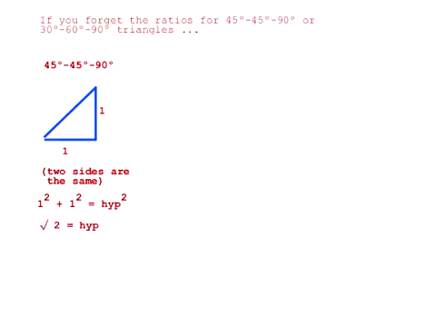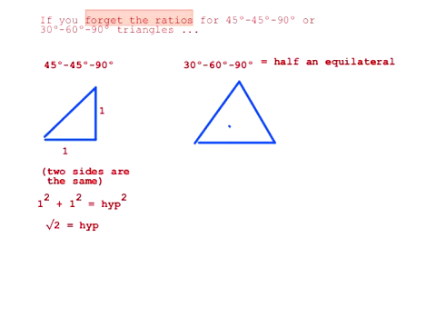If it's a 30, 60, 90 triangle, then what you can do is realize, again, if you know that ratio that's in the window, then great. But the point right now is if you forget that, if you don't remember that it's those numbers, then you can realize that it's half of an equilateral triangle. So you draw the whole equilateral triangle and then cut it in half.